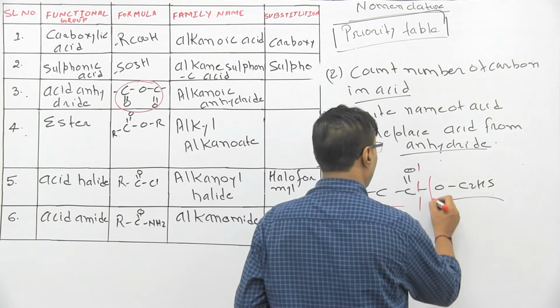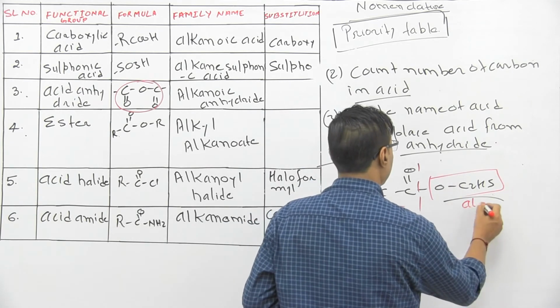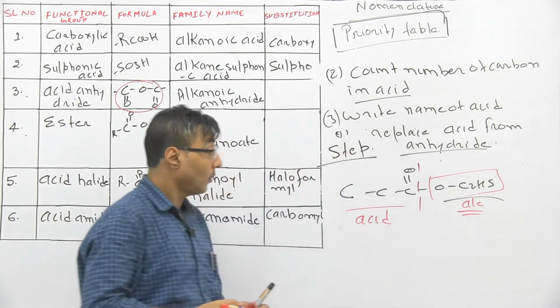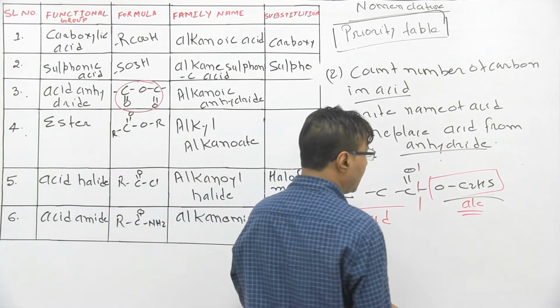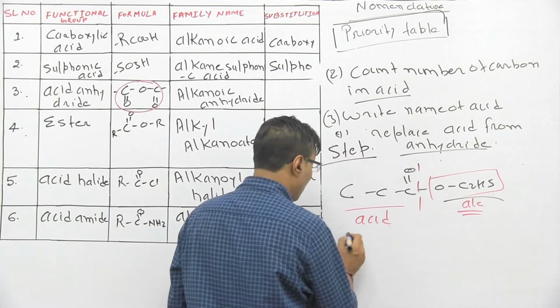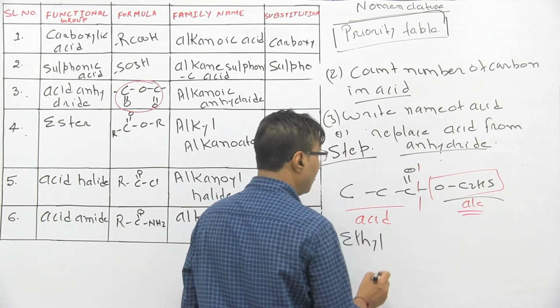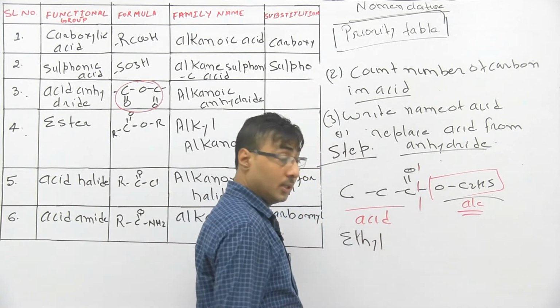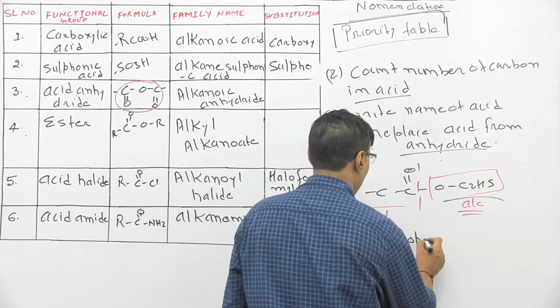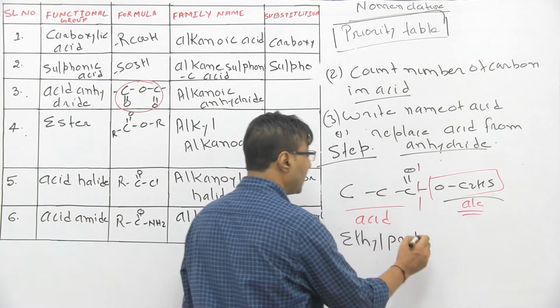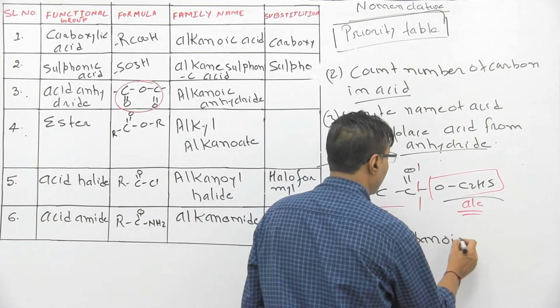This single bond part is from alcohol. So how many carbon is there in alcohol? 2 carbon. So it will be written as ethyl. How many carbon is here? 3. So it will be written as propyl. Or basically it's a propanoic acid.